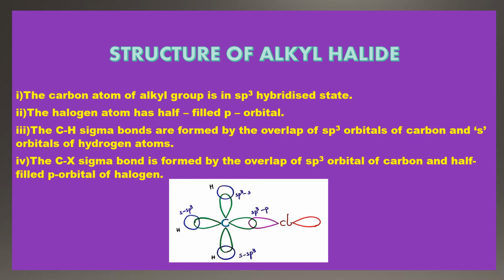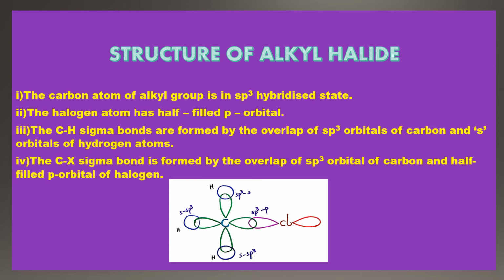Okay, and the carbon hydrogen sigma bonds are formed by the overlapping of sp3 orbitals of carbon and s orbitals of hydrogen atoms. Okay, so there are three CH, that is carbon hydrogen sigma bonds. You can observe this in the figure, students. How are they formed? They are formed by the overlapping of sp3 orbitals of carbon and s orbitals of hydrogen atoms, sp3s.